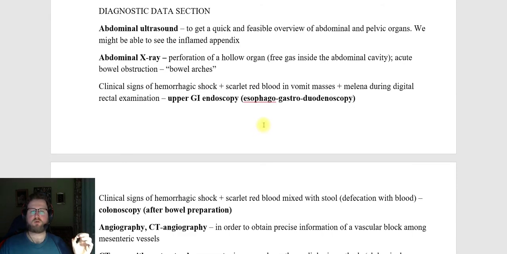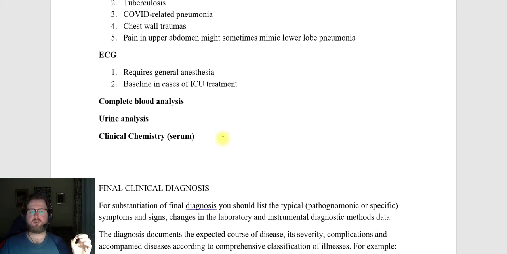What you need to do in your case history, you will need to describe in detail all this by yourselves.